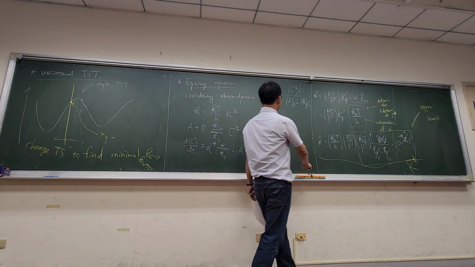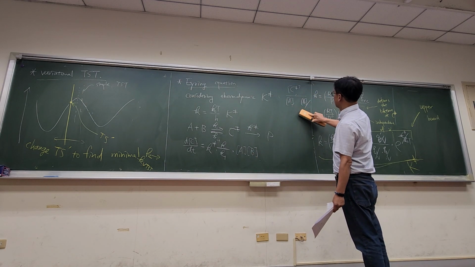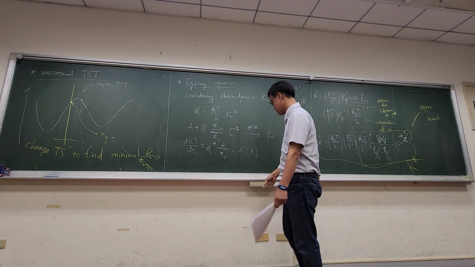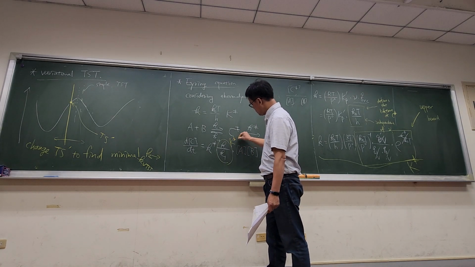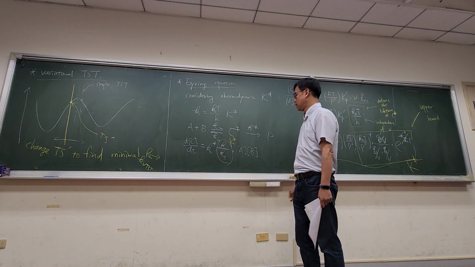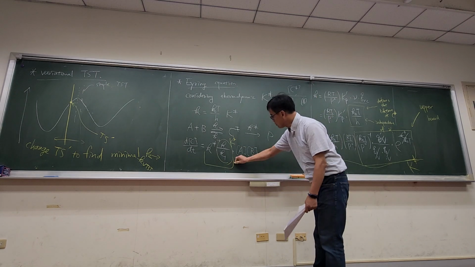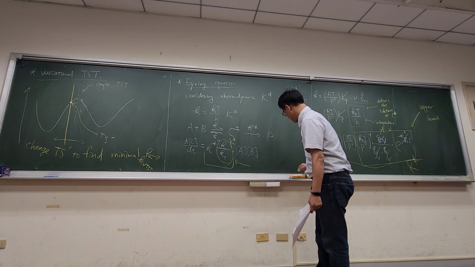In this kinetic definition, we don't need this. We'll define this as K double dagger. And this one is your apparent rate constant, your rate constant.